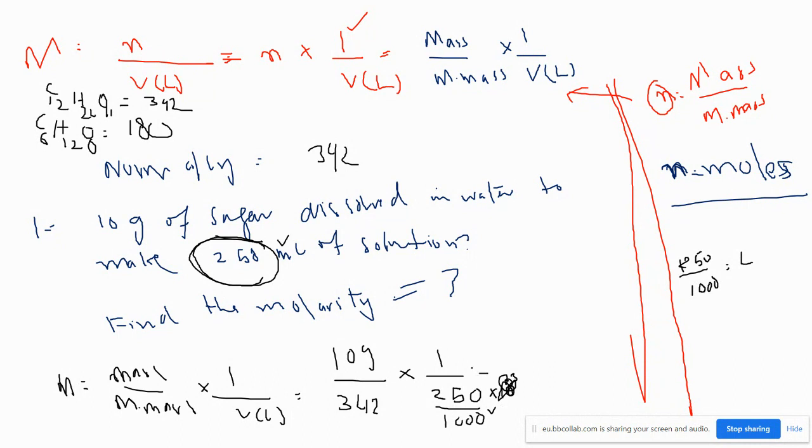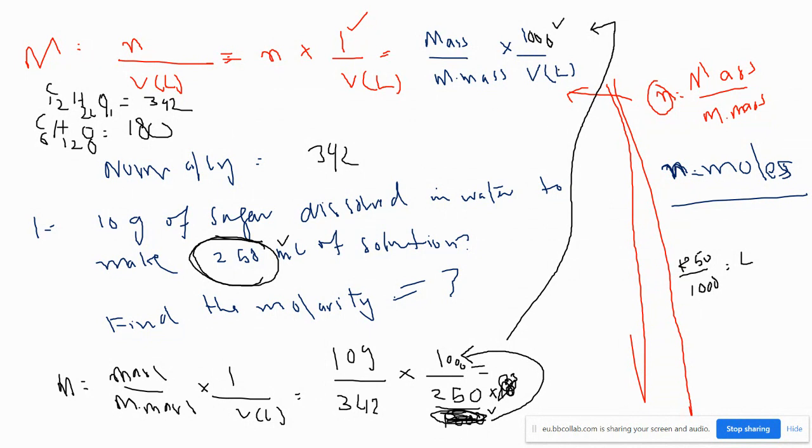But usually we make it easy for ourselves in the formula. We go back to the same formula, and then we write 1000 here, because this 1000 will go up. But then the volume will be in milliliter now.